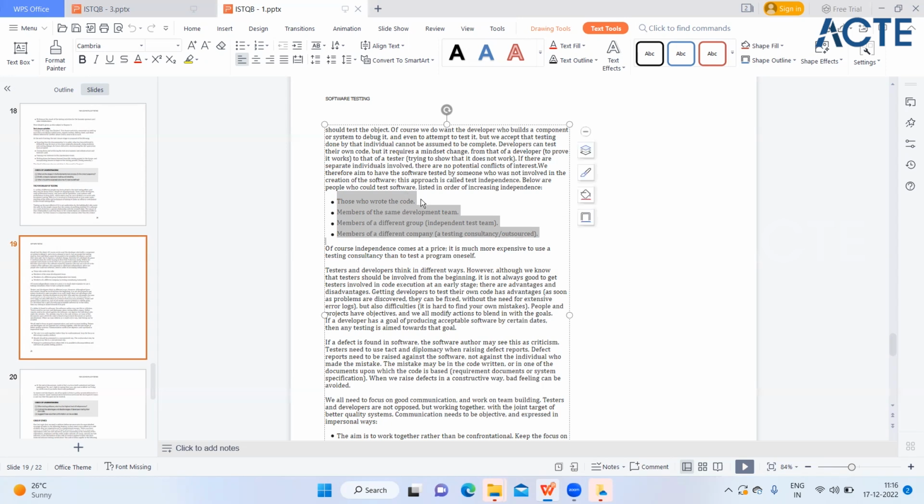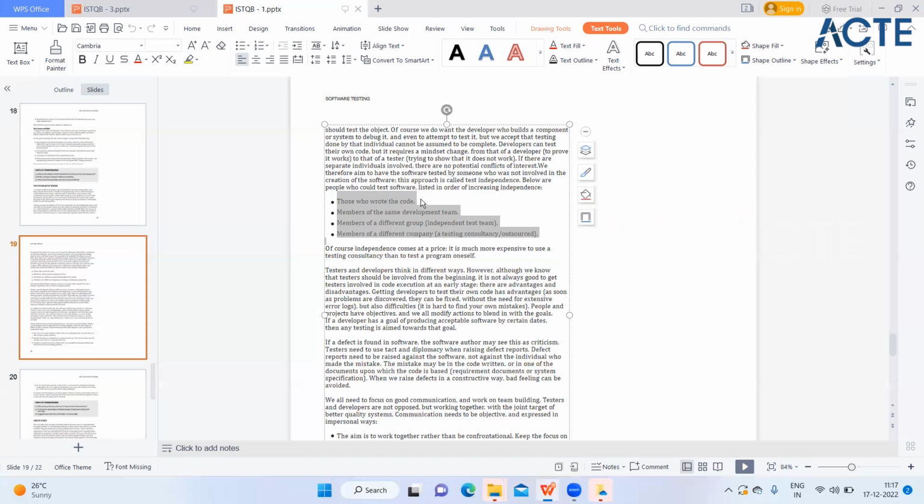Why is this so? Whoever writes the code will not find as many defects or vulnerabilities, or faults, in the product. But someone outside of the organization may have more views, more independence, and can check the things and let you know the faults in a better way.